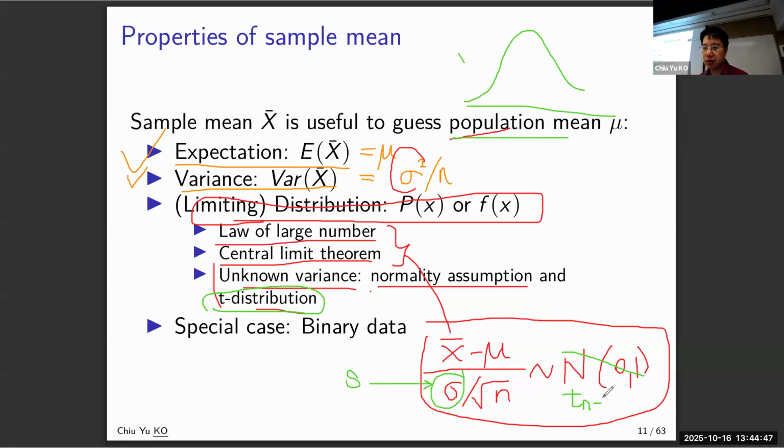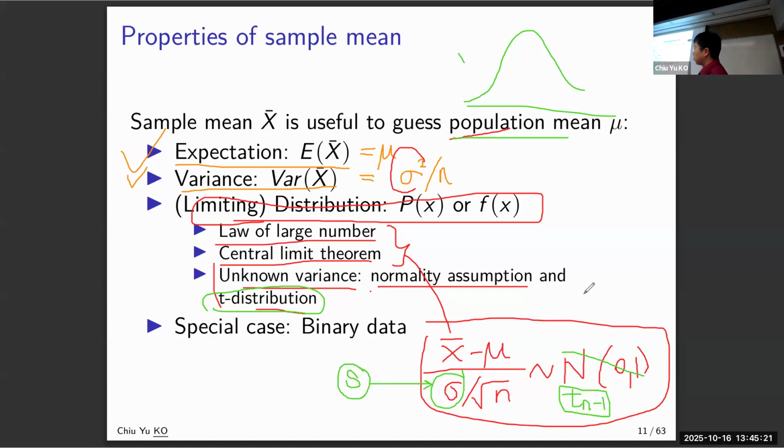So it's almost like the bell. If you're willing to assume the population is a bell, I still don't know sigma, but then I can replace sigma by our sample SD, and I only need to replace the bell curve by an almost bell curve, right? Remember, T is like the bell curve, but a little bit fatter bell, okay?